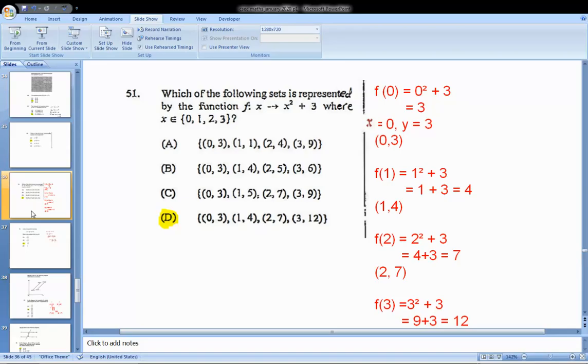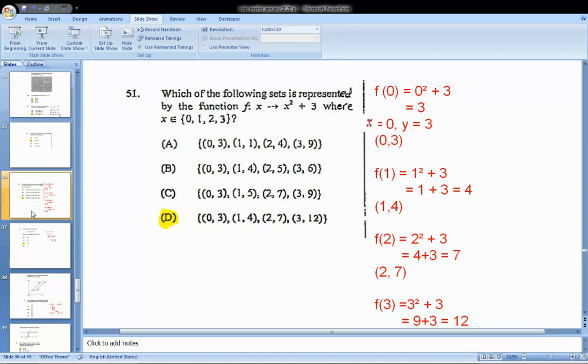So anywhere we see x, we replace it with the values 0, 1, 2, and 3. So f of 0 equals 0 squared plus 3, 0 squared is 0 plus 3, and that gives us 3. So x equals 0, y equals 3. So our values would be 0, 3 for the first one.